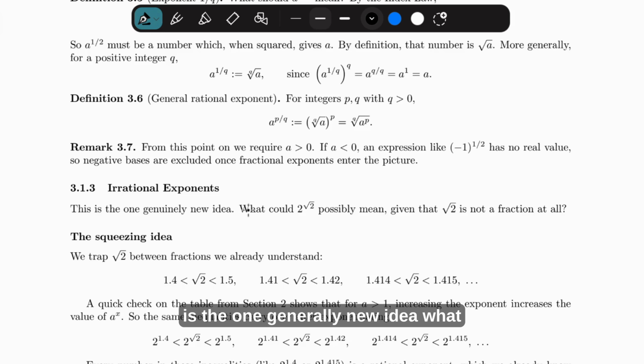This is the one genuinely new idea. What could 2 to the power root 2 possibly mean? Given that root 2 is not a fraction at all, we can squeeze root 2 between fractions we already understand.